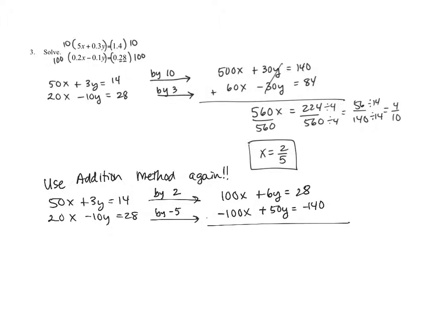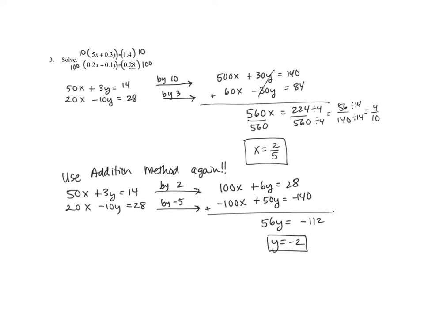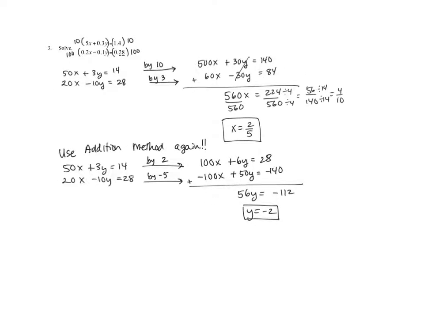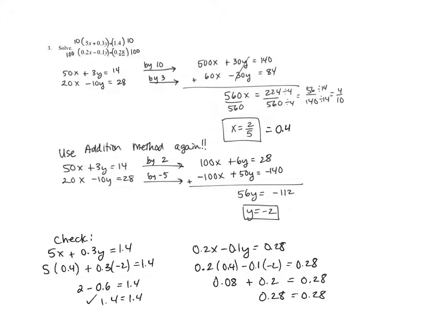Okay, and now I can add those up. My x's cancel, and I've got 56y is equal to negative 112, and then that gives me that y is equal to negative 2 when you divide both sides by 56. And then we do need to double check that it works in both of those equations. And that does check out. I do like when I'm checking them just to use the decimal form here.